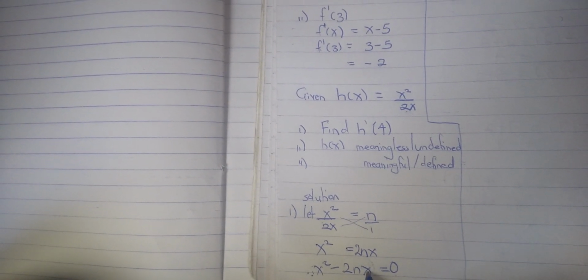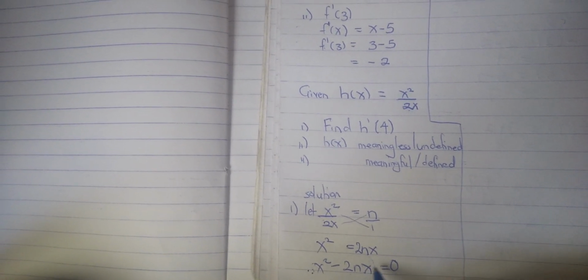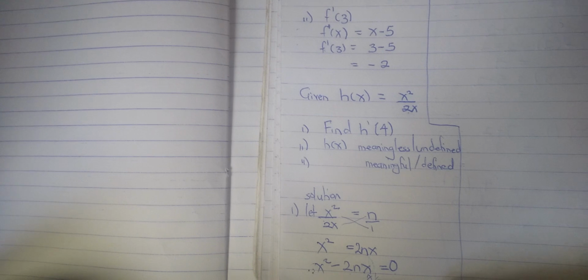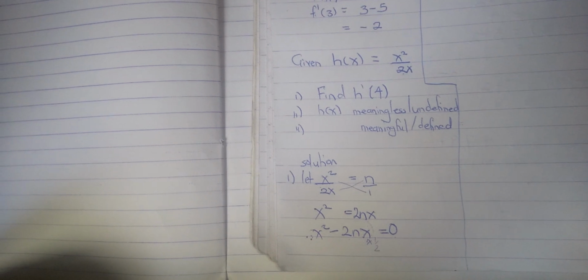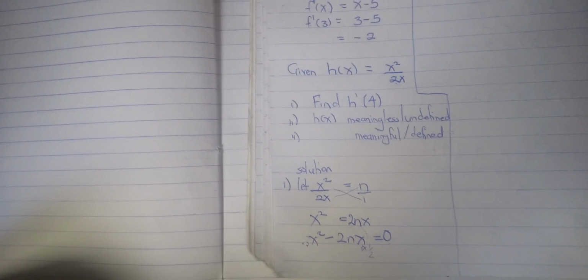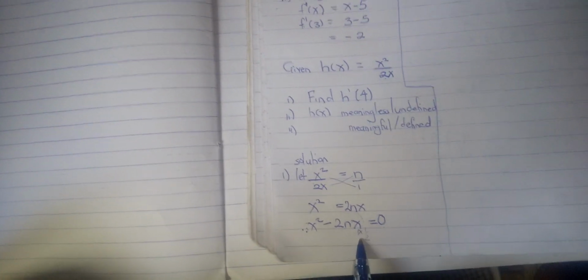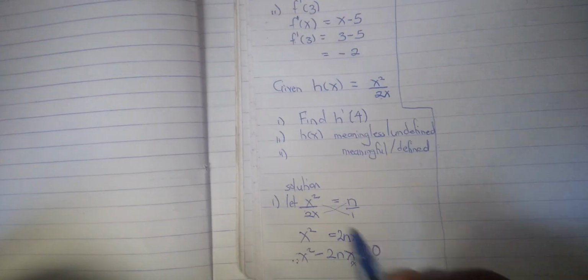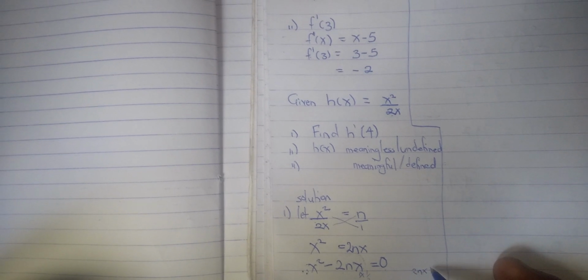What do we do to the sum? Make sure you multiply this sum times a half. Then the answer you get after multiplying that sum by a half, you square it and add it both sides. So when we multiply this by a half, we have 2nx times a half.